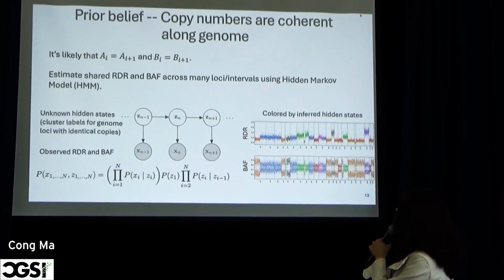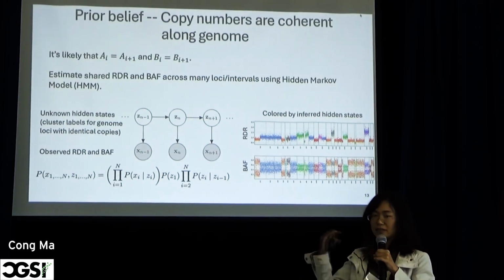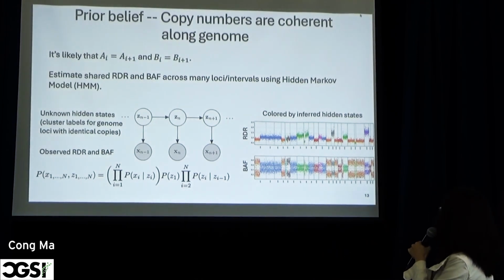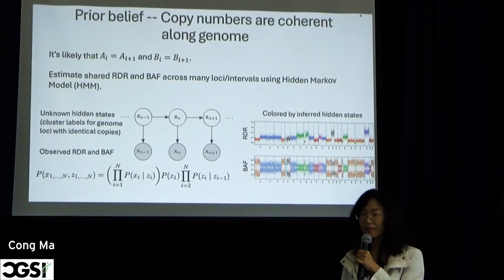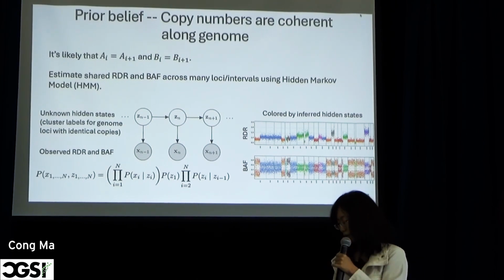And so here is an example of cluster or hidden states inferred by HMM on real data, and here each color indicates the cluster label. In this case, we not only have a segmentation of the genome, but can also relate distant intervals, the segments in the genome, and say that they actually have the same copy number and belong to the same cluster.